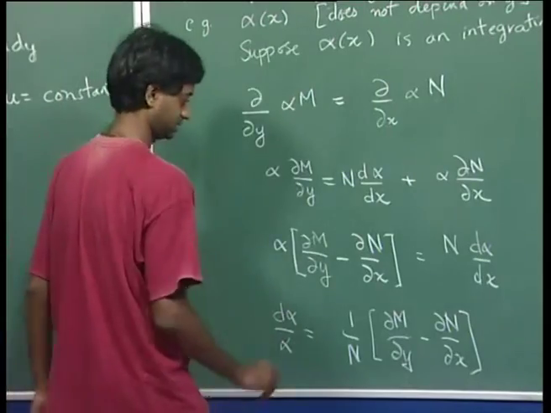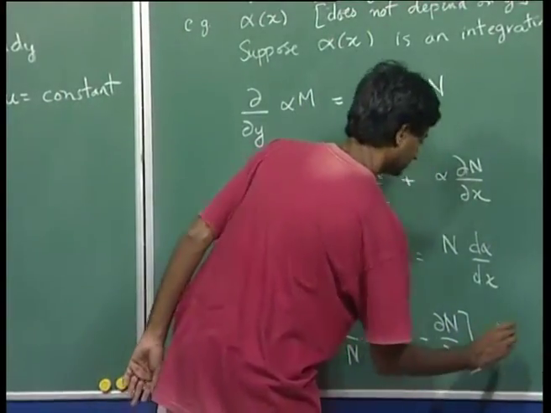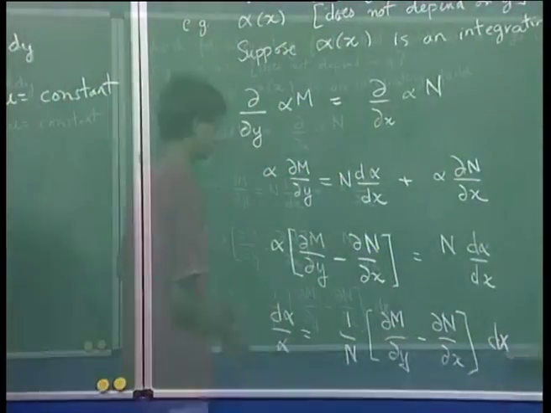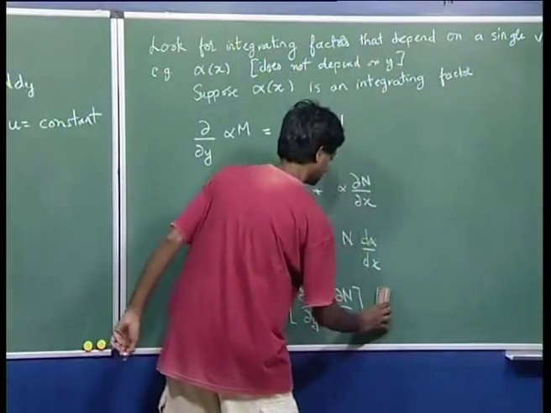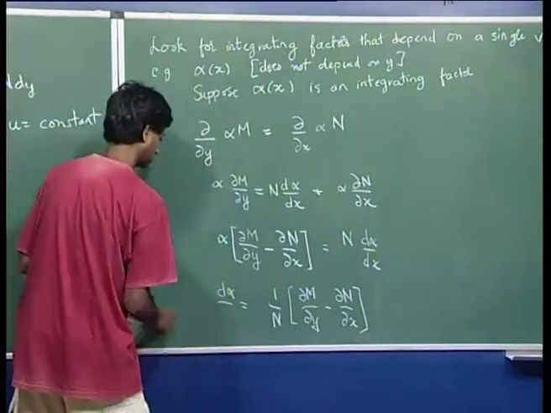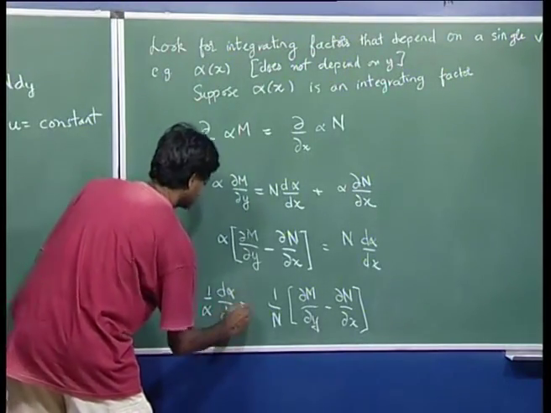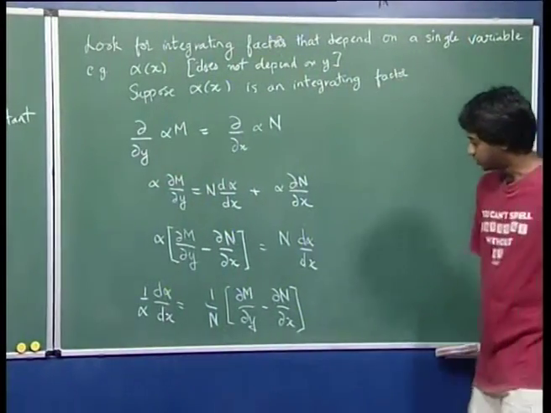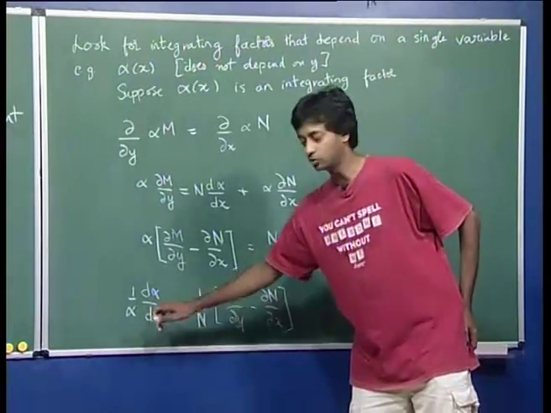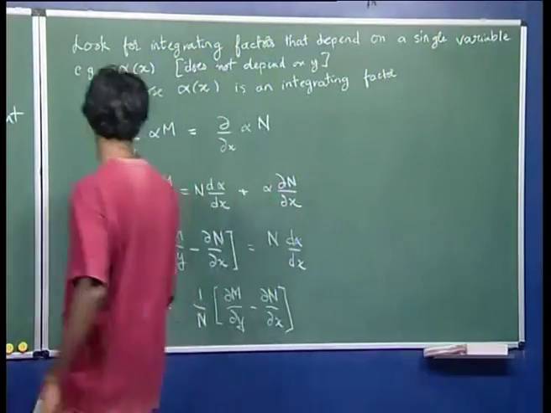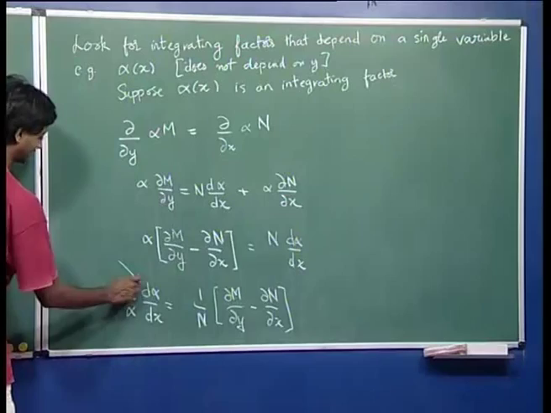Let me write it slightly differently: 1 over alpha d alpha by dx is equal to 1 over N times dou M by dou y minus dou N by dou x. Now, the left hand side depends only on x, so the left hand side is only a function of x, independent of y.